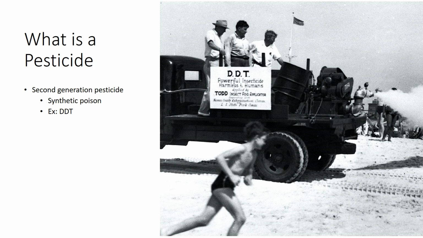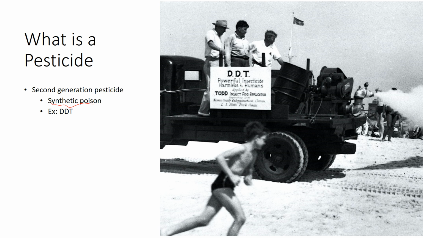So then we started generating this new class of pesticides, and they are synthetic poison, but the quantities and the types of poisons they're using are harmful to insects, but generally not too harmful to humans unless we're absolutely overexposed to them.